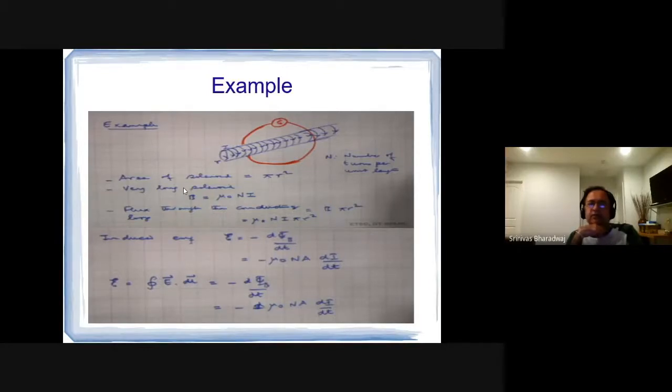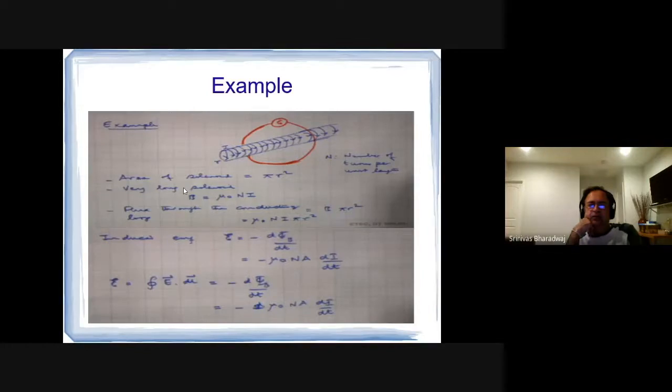Therefore, the flux through the conductor will be B times pi r square, where B is mu naught n i. Therefore, the induced EMF is d phi by dt.